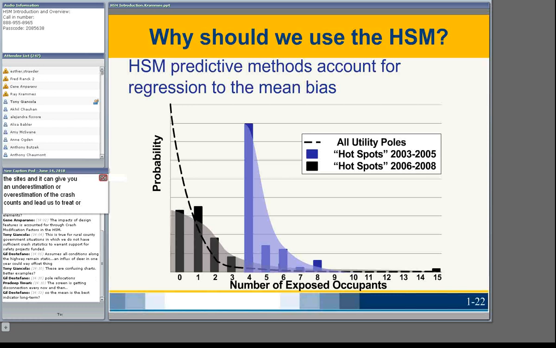How can a crash prediction be used? In tort defense, if it's used properly. Countermeasures in projects.